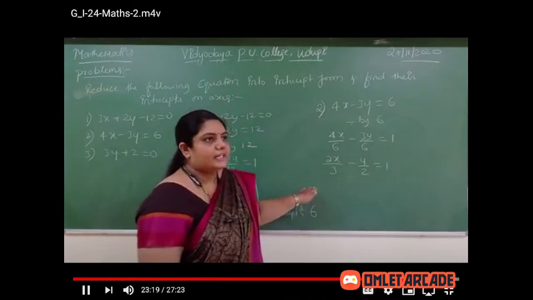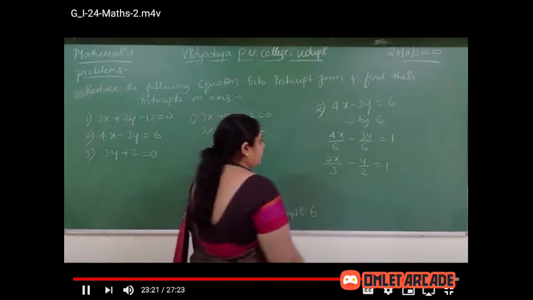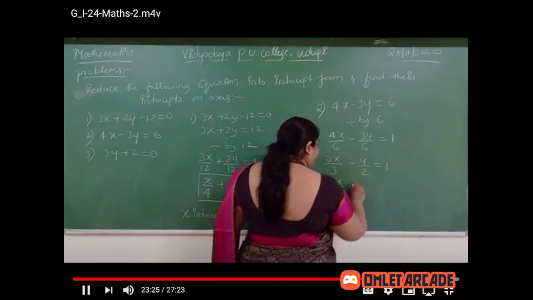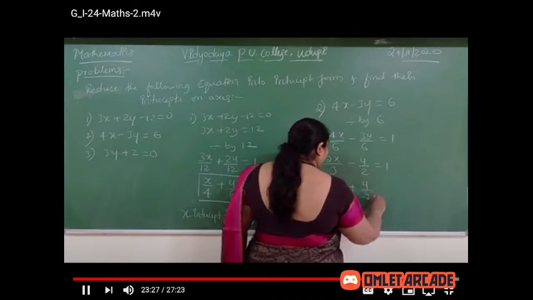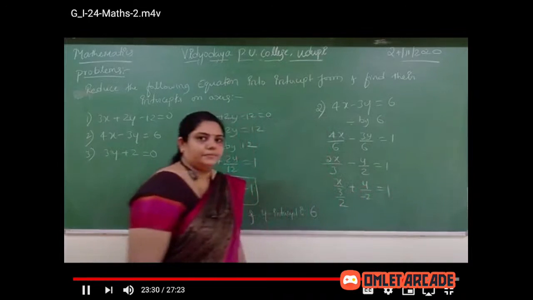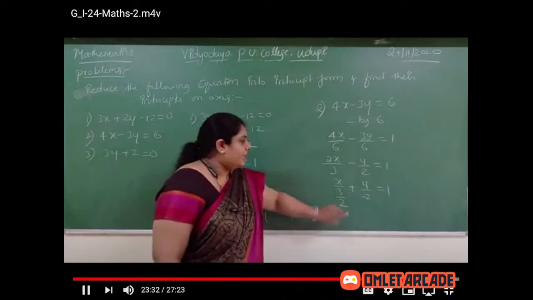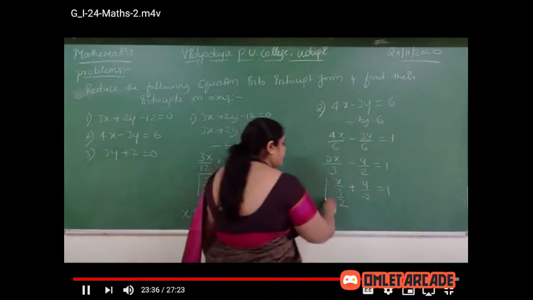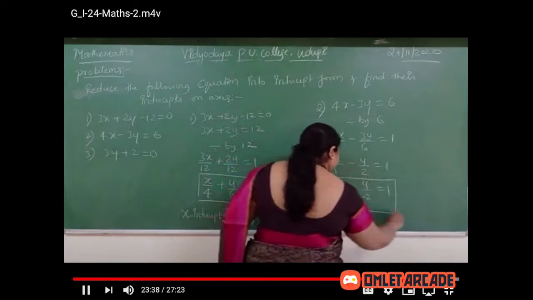Still it is not in intercept form. Can I write this equation as x by 3/2 plus y by minus 2 is equal to 1? Now finally, it is in the form x by a plus y by b is equal to 1. Is it in intercept form, students?